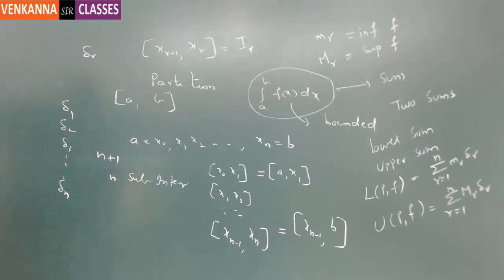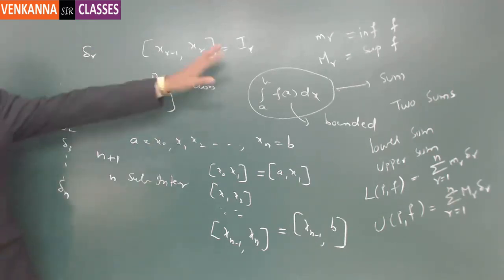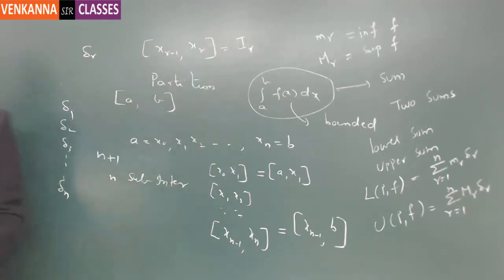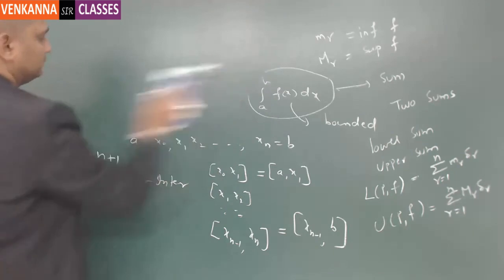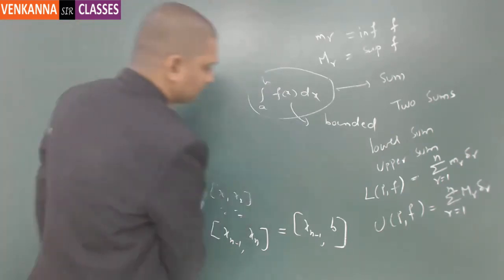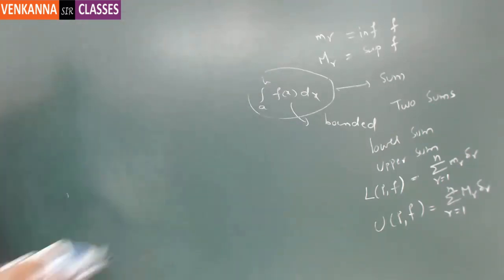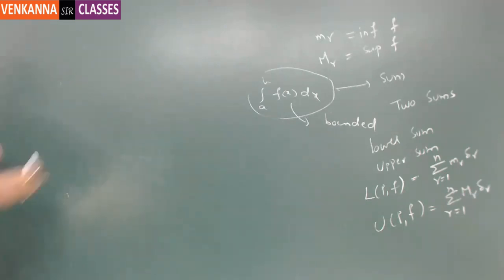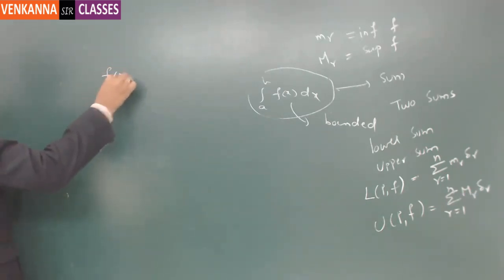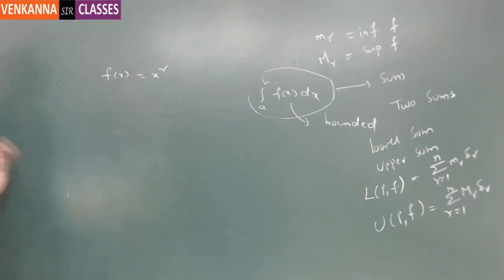Now let us take a simple example so that you can understand what these sums are. For our convenience, let us take a simple function, say f of x is equal to x square. You just give me a closed interval. Give me two numbers.